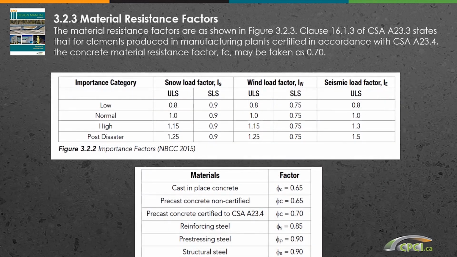As for the importance factor and material factors, they stayed the same. I want to emphasize that for precast concrete certified to CSA A23.4, phi sub c is 0.7 as opposed to 0.65, which is a decent advantage for precast. But the rest of the factors are the same as per the old manual.